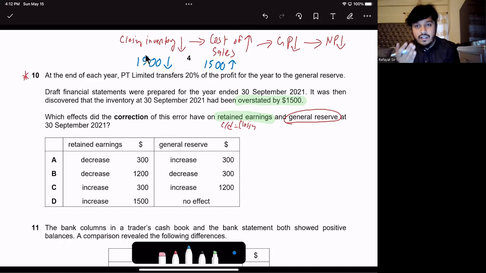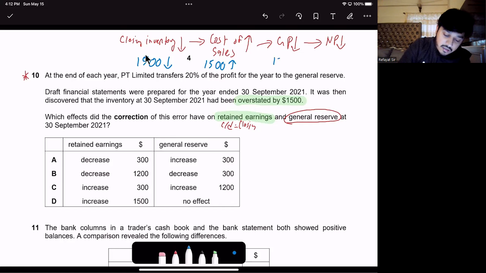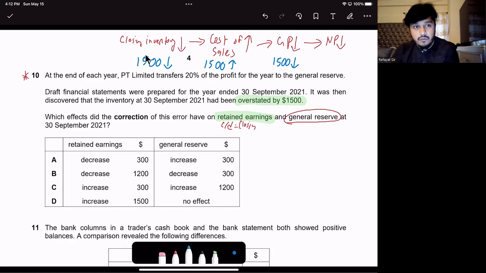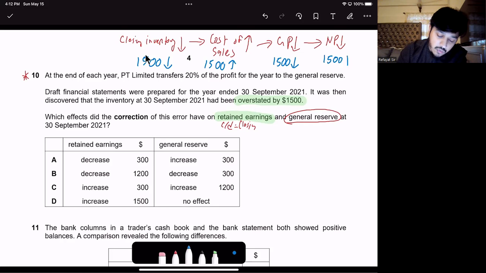If cost of sales increases by $1,500, gross profit will decrease by $1,500. If gross profit decreases by $1,500, net profit will also decrease by $1,500. So after correcting this error, net profit will decrease by $1,500.